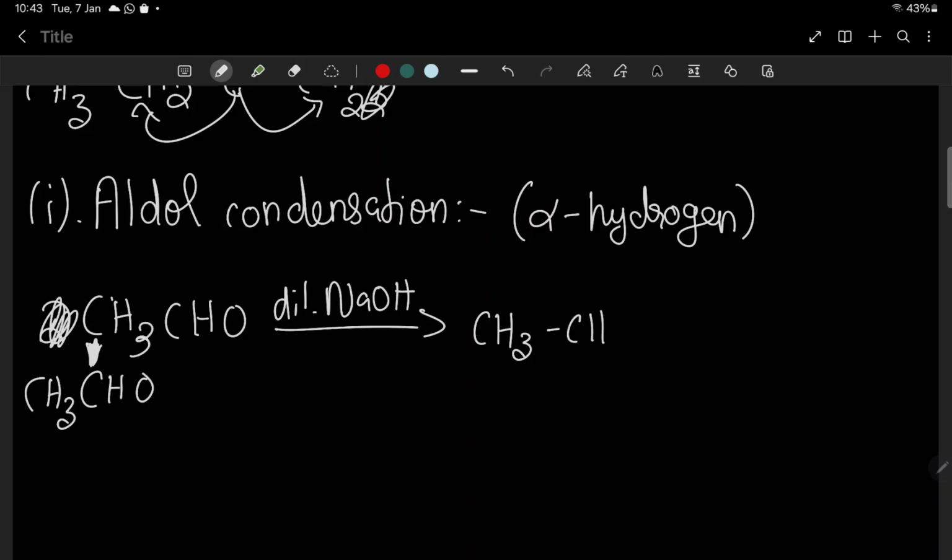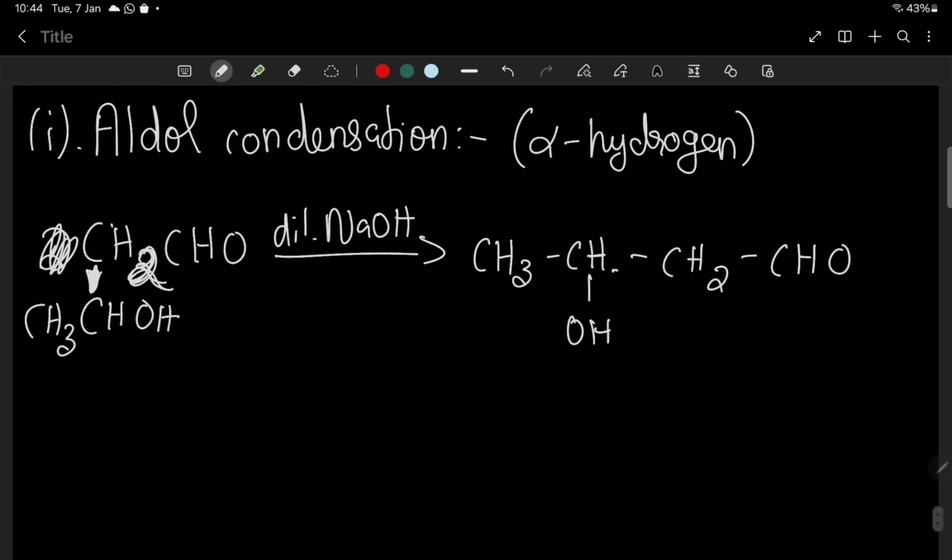Form a bond here, minus one hydrogen from this and add it to this O. So we get CHOH here, CH2 CHO. This is called aldol.